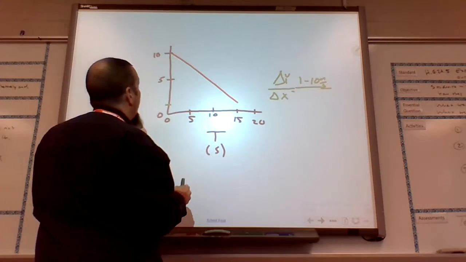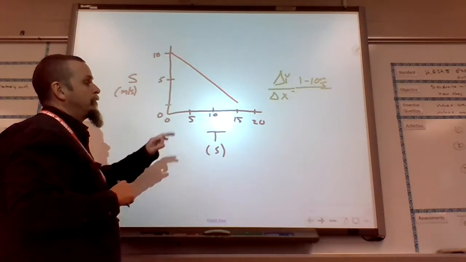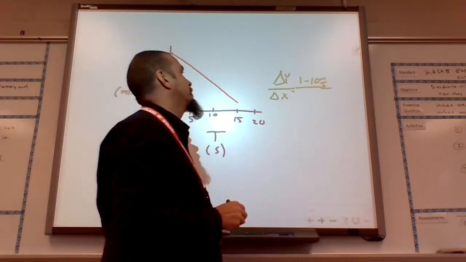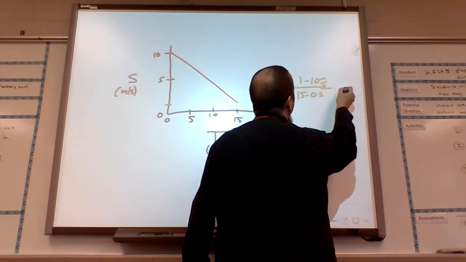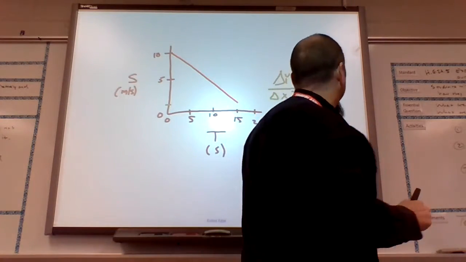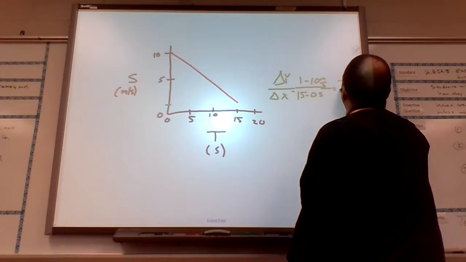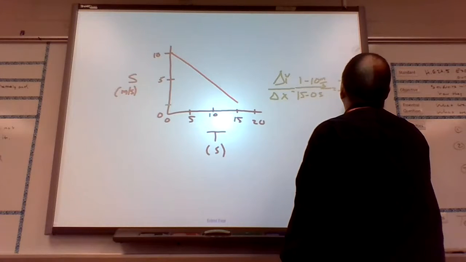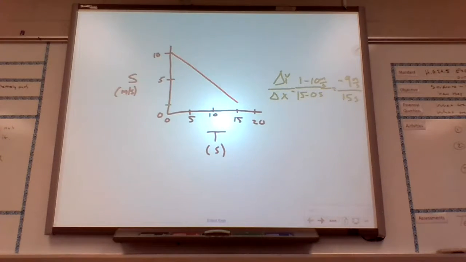And my change in x, I'm starting off at 0 and I'm ending at 15. So f minus i, 15 minus 0. And that's in seconds. So this is negative 9 meters per second over 15 seconds. Negative 9 divided by 15 gives us negative 0.6.